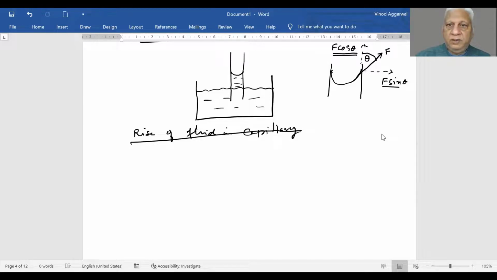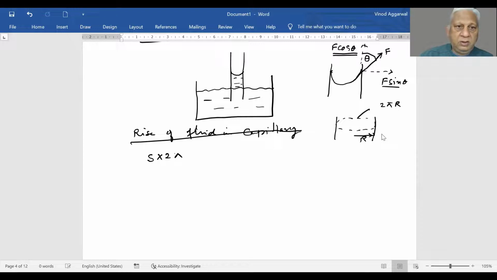So if we take this force over the whole meniscus, what is the perimeter of the meniscus? 2 pi r, if this is r. So the force acting will be surface tension, force per unit length, into total length.